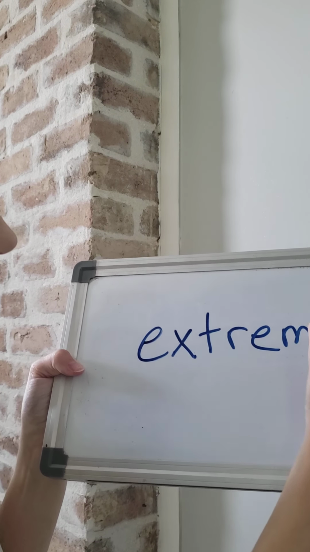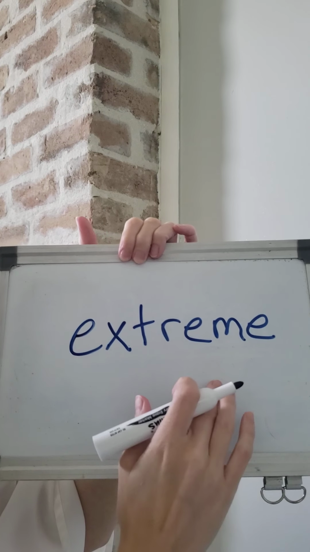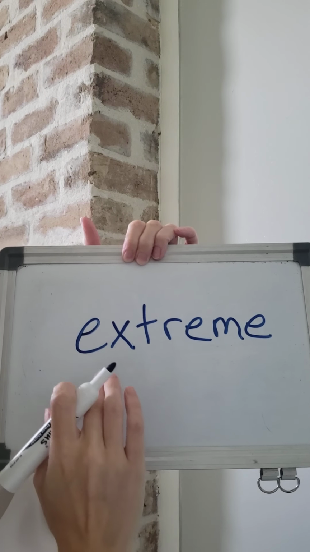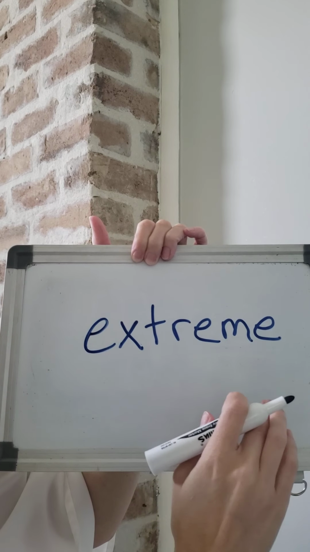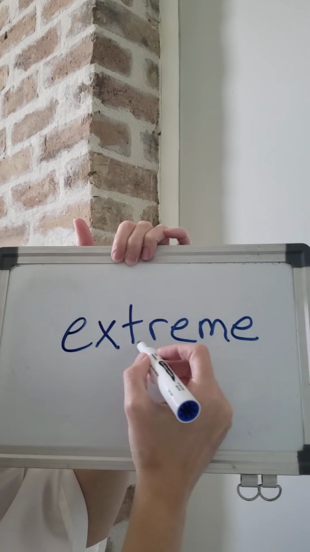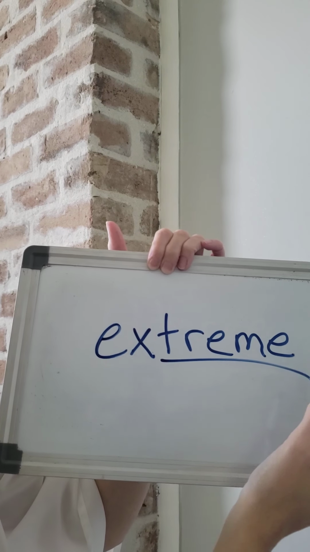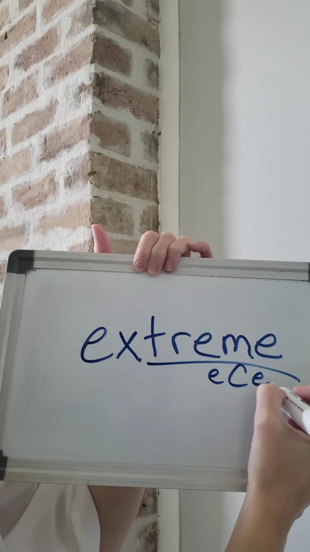This is one we did yesterday. Let's see who can remember it. Extreme, extreme. Where do we hear that accented long E? Extreme. It's in the second syllable. And we've got the ECE pattern right here, okay?